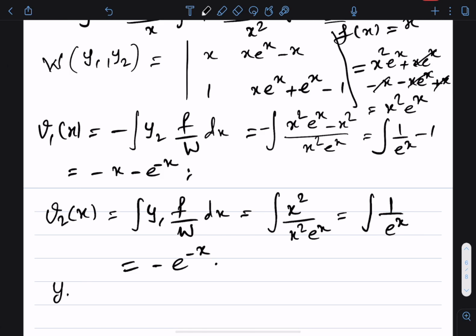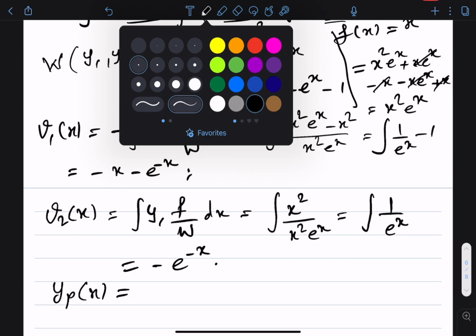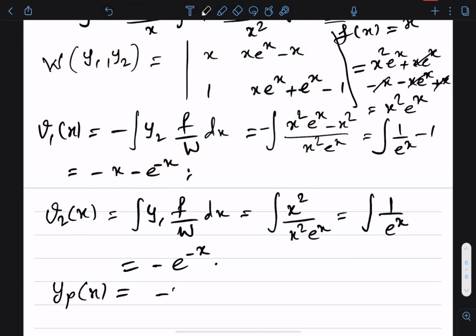So if this is your v1 and v2, we know yp is v1 y1, v1 is minus x minus e power minus x times y1, which is x, right?